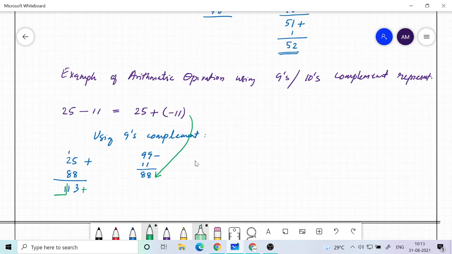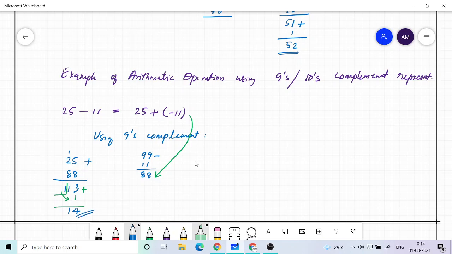So this will be plus with this 1 here. Okay, this 1 comes from here. If you have a carry, then you have to add that carry with the other 2 digits. So 3 plus 1, so that will be 4, and then 1. So that is basically the answer of the problem.